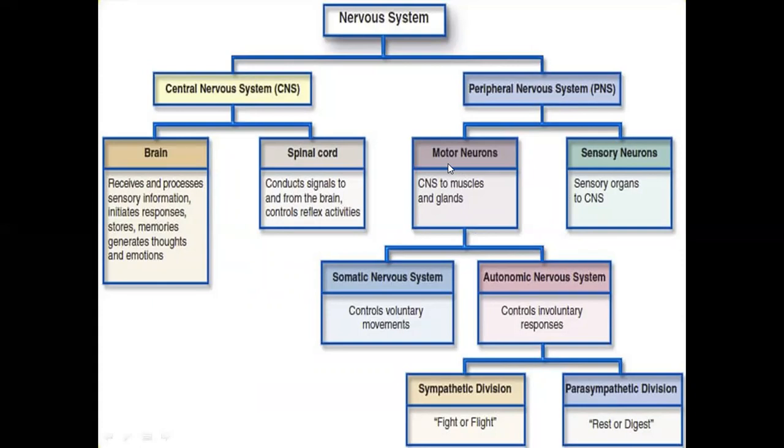Now, what is the function of the sensory neurons or sensory pathway? Sensory neurons carry impulses from receptors to the central nervous system, and these receptors are sensory organs.